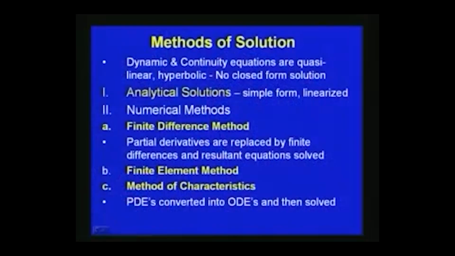The second and generally used methodology is numerical methods. Here we have the dynamic and continuity equations, and we can approximate these equations using various numerical techniques like the finite difference method, finite element method, finite volume method, boundary element method, or method of characteristics.